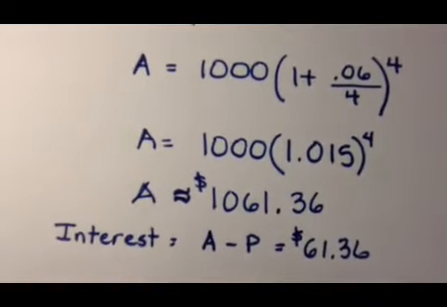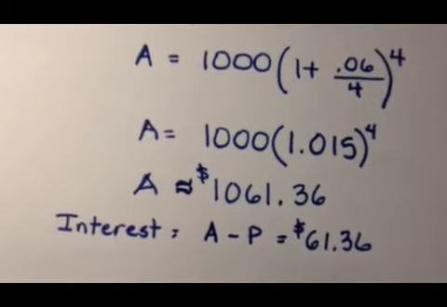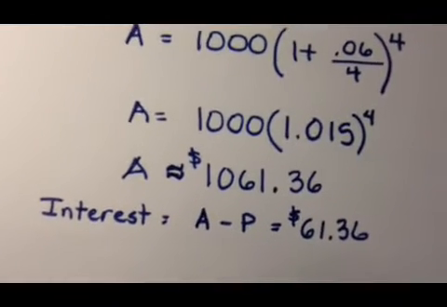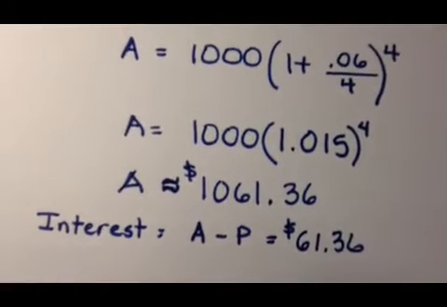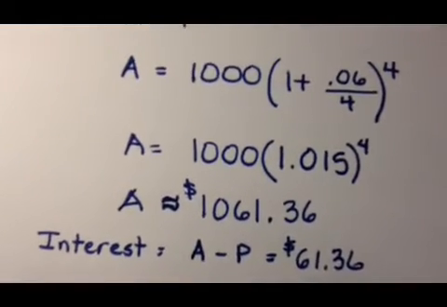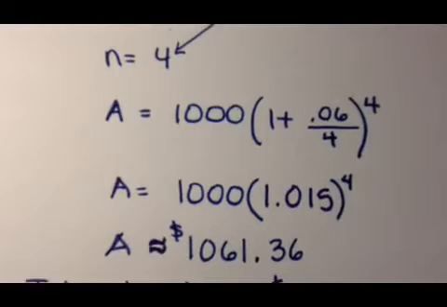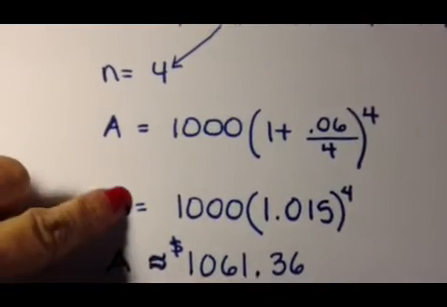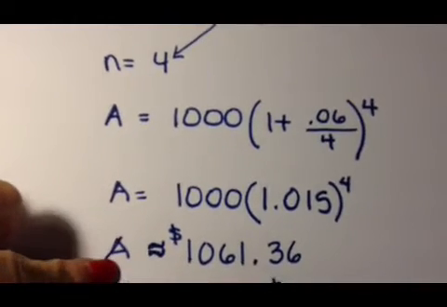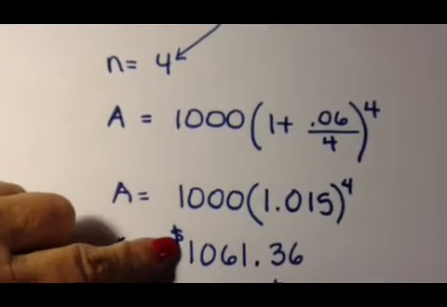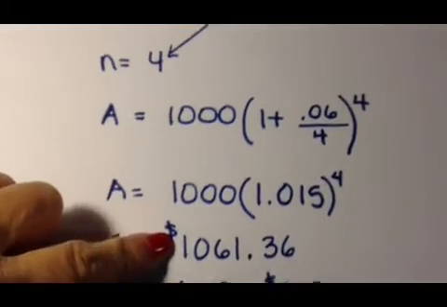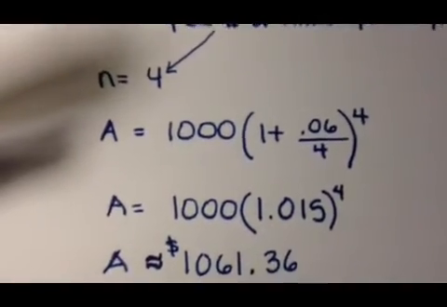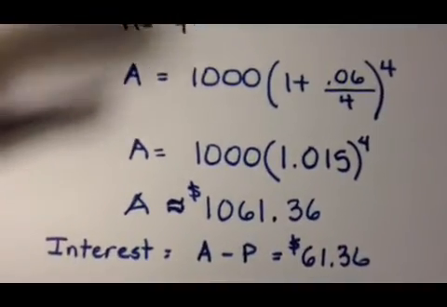Now, I remember order of operations, 1,000 times, and then I'm actually going to raise that number to the power first, then multiply by 1,000. And I actually get approximately, that's what the squiggly marks mean here, as opposed to equal. The amount that I actually have now in my account is $1,061.36.